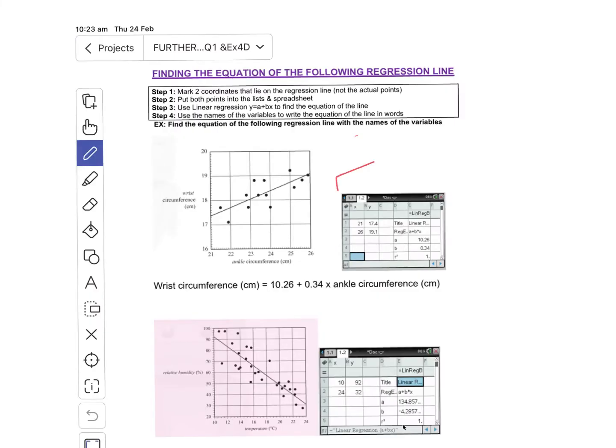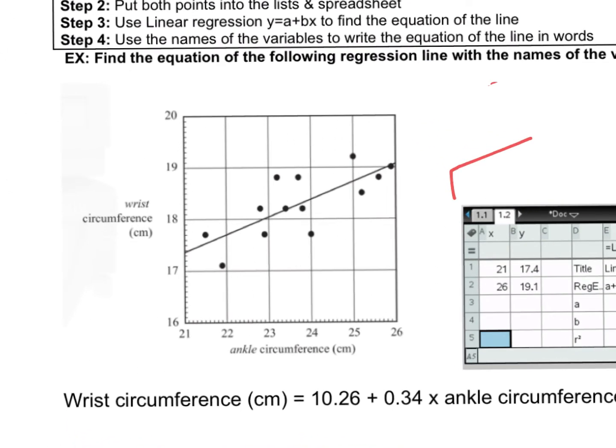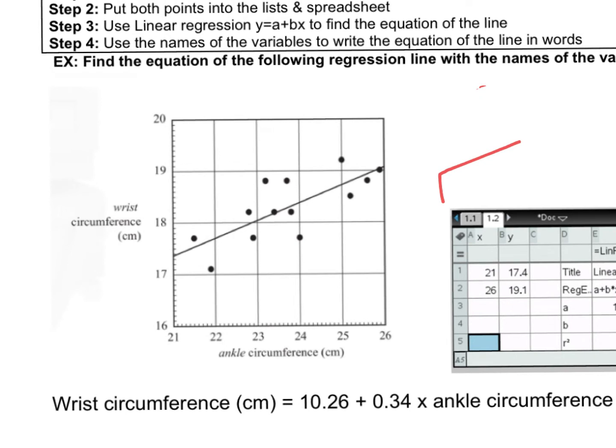All right, so we have this scatter plot and we're going to get 2 points off it. You've got to be careful. If you look down here, this says along the x-axis, that's 21. This is not actually the y-intercept there.